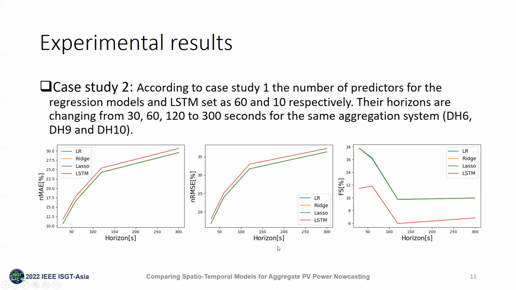From this figure, we can see that NMAE and NRMSE for all models are increasing with the horizon increasing. And for the regression family, they get the best FS when the horizon is 30 seconds. For LSTM, it is 60 seconds.